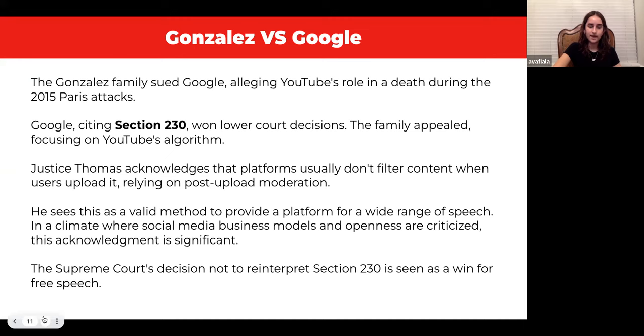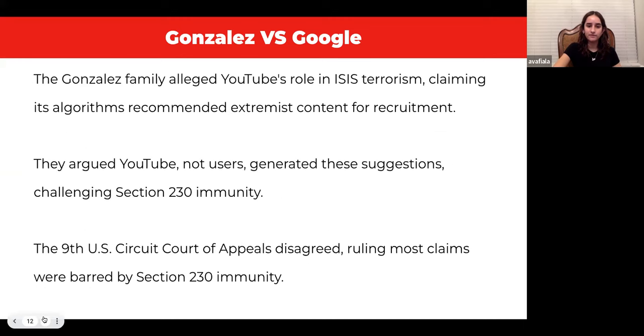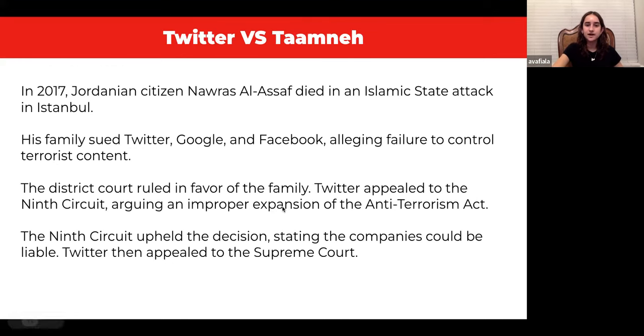And yeah, this was seen as a big win for free speech, because Section 230 immunity held up for third party platforms, so they aren't forced to censor speech. And then the other case that's kind of similar is the Twitter case. It's the same kind of situation, but it was an Islamic State attack in Istanbul.